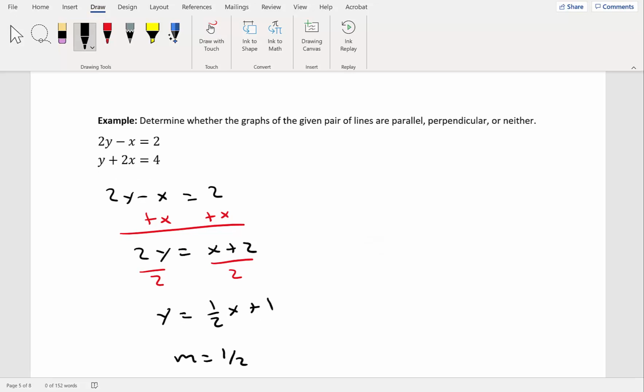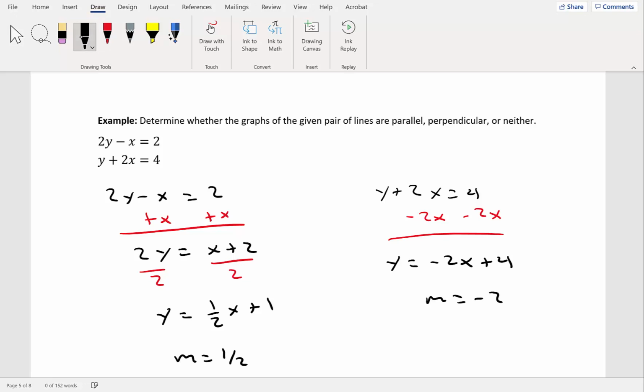Let's take a look at the other equation. So we have y plus 2x is equal to 4. Subtract 2x from both sides to get slope-intercept form. You get y is equal to negative 2x plus 4. So my slope here is negative 2. You can tell right away that these slopes are not the same, so they are not parallel.